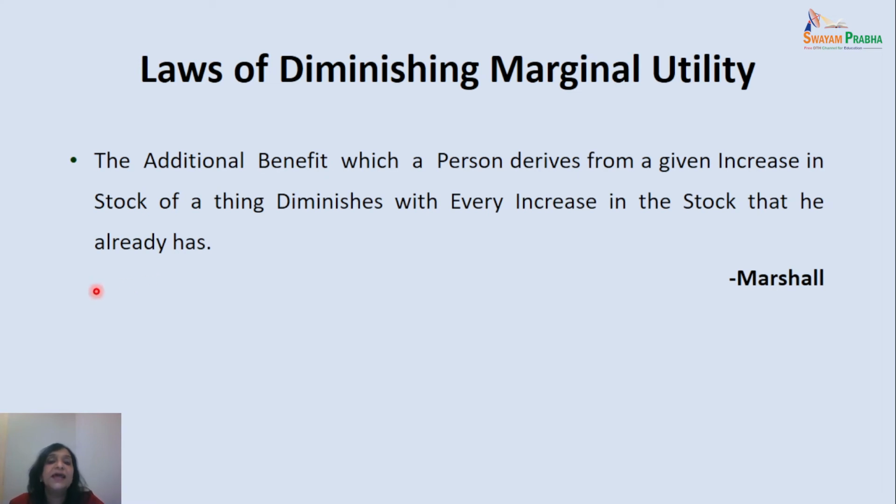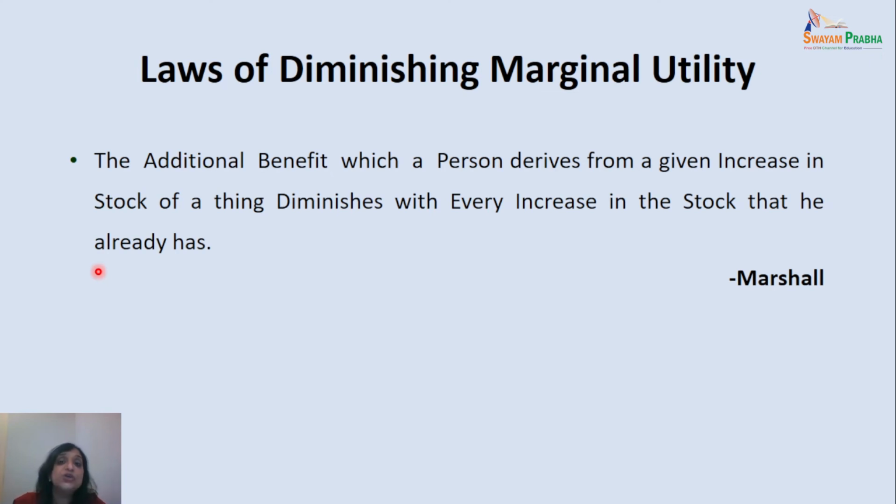That is, every extra unit that you are consuming is going to give you lesser satisfaction, because as you consume more, the extra utility or the extra satisfaction which you get from it will keep on declining.